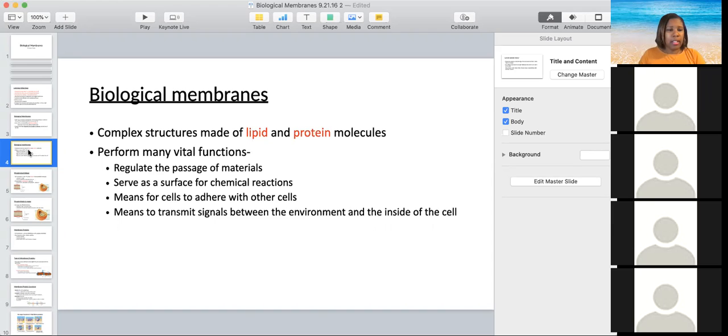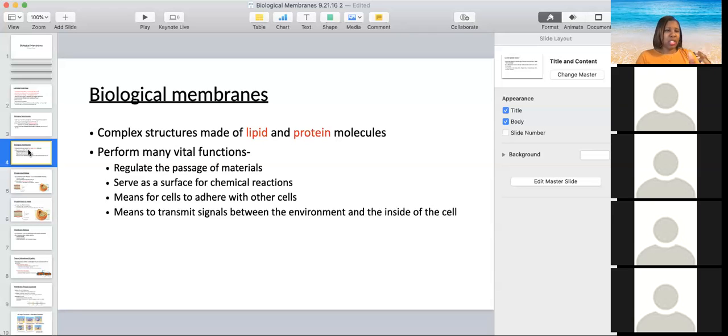And then lastly, the cell membrane is a means for signal transduction between the external environment and the internal environment inside of the cell. You can imagine that there needs to be communication. There's a lot of signal transduction that takes place, and structures in that cell membrane, particularly those membrane embedded proteins, help to facilitate signal transduction and communication between the external environment and inside of the cell.